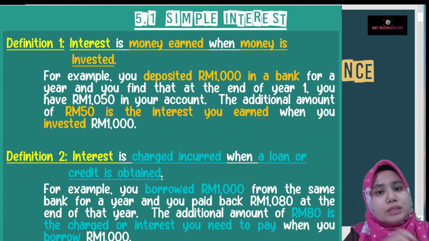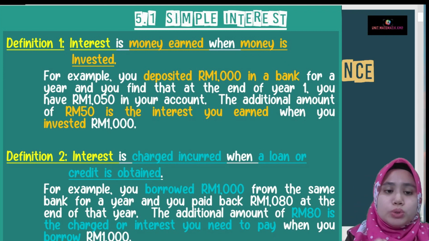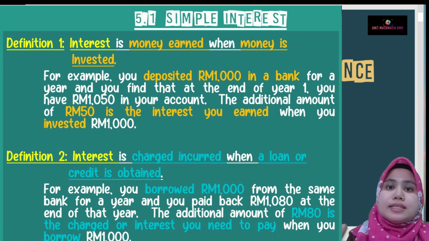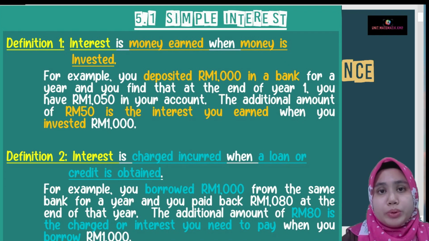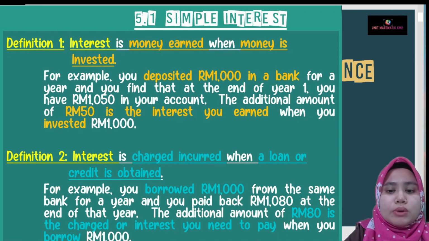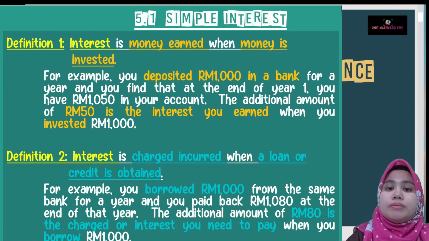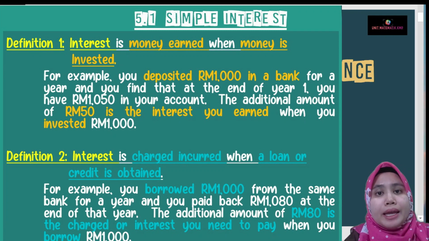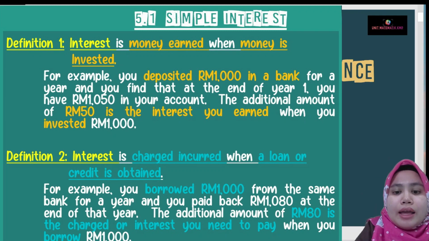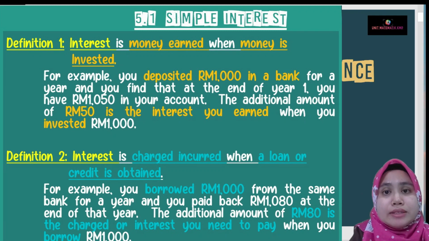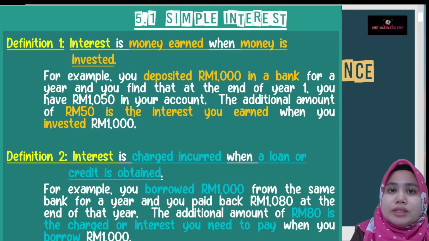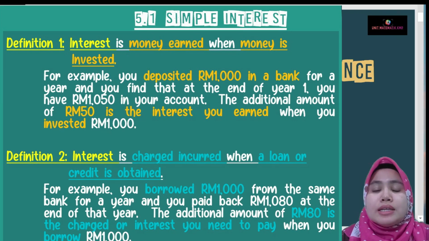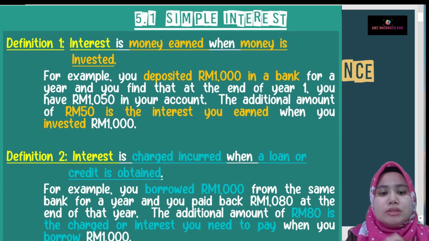Now let's move to example number 2, interest charged. When does it happen? When you borrow RM1,000 from the same bank for a year, and you need to pay back to the bank RM1,080 at the end of the year. That means what you got is 1,000, but what you need to pay is more, 1,080 ringgit.